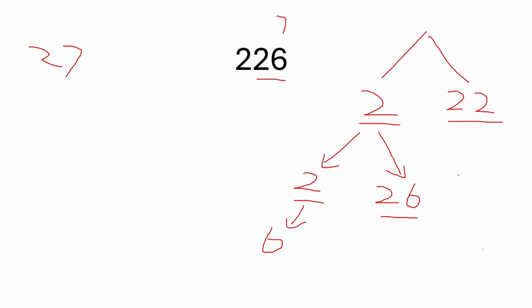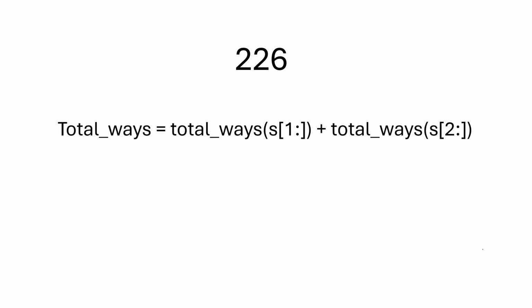In this path, there's also only 6 left, so we can take 6. So as we can see, each path breaks a string into substrings. And the total number of ways to decode a string S is the sum of ways to decode the remaining string after taking a single character plus the sum of ways to decode the remaining string after taking a two-character pair if it is valid.